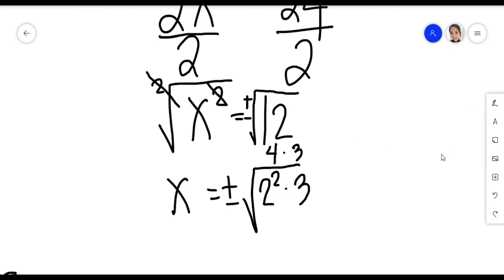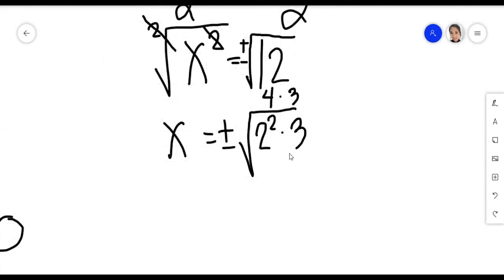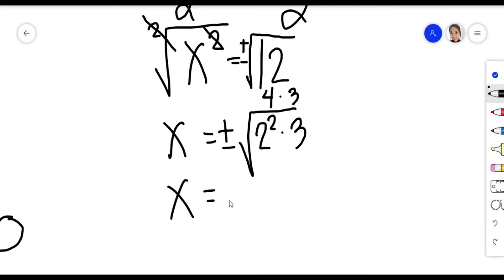Now, since 2 has an exponent of 2, we can extract it, meaning we can place it outside the radical. So x is equal to positive and negative the square root of 2 squared, which becomes 2, or positive 2, negative 2.